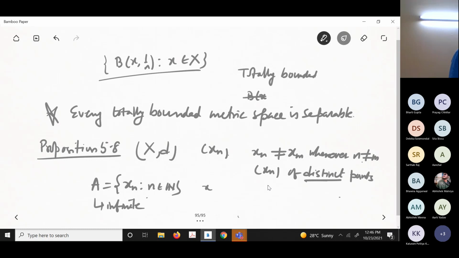So don't think this proposition 5.3 is trivial. I am insisting there exists a subsequence. That sequence may not be a subsequence of this sequence because it may come haphazardly. But here I am saying it's a subsequence. So subsequence is very important.